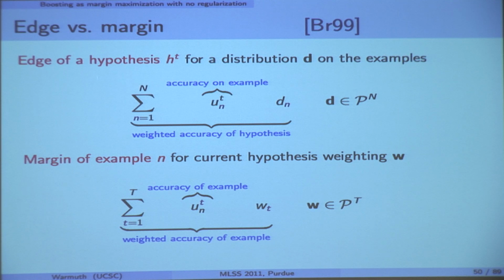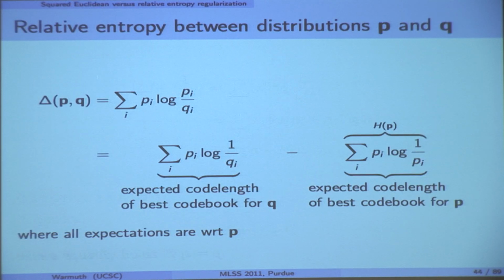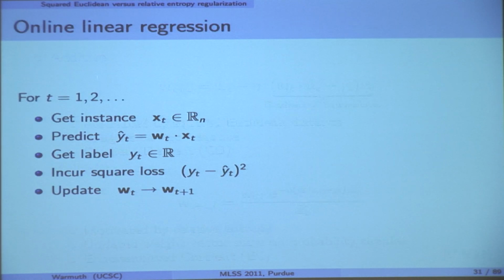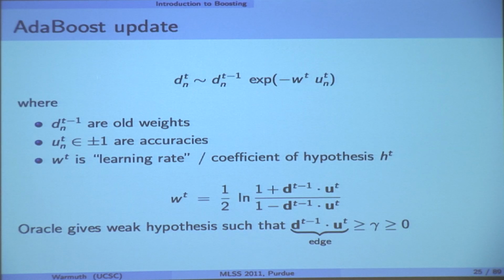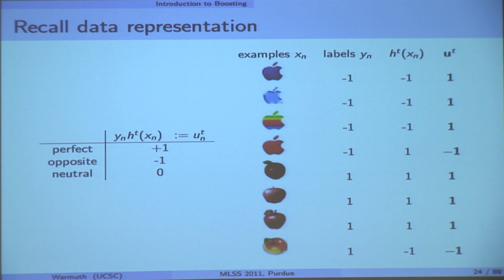Since everything relies on these U's, I need to explain to you what those U's were again. So I have to go back. Apologize. So I'm now back to here. OK, here is the slide that explains the U's again.